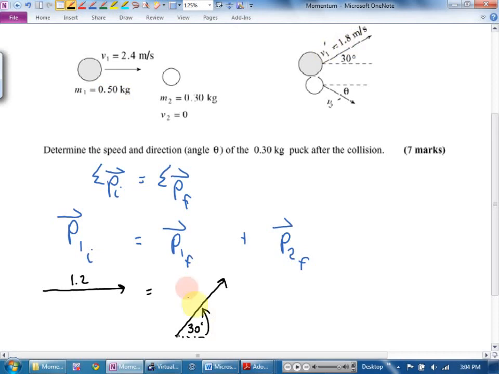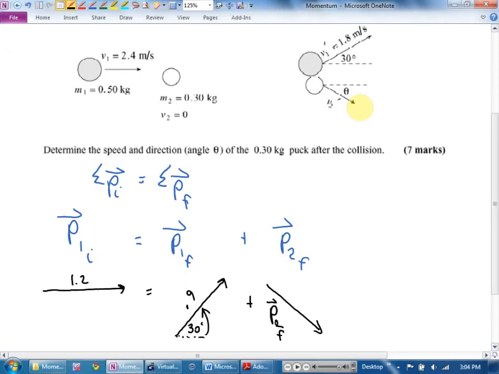I think here the final momentum is 0.9 plus the mystery momentum, and I'll call it momentum 2 final. And the angle that they want me to find is that one there. I'll see where that ends up appearing in my triangle.